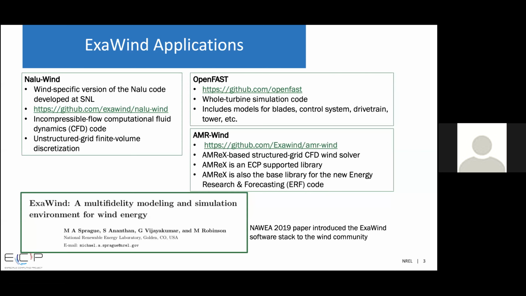So that's what OpenFast really models, is more so controlling turbines. And we just recently, within the last year, introduced AMR wind, which is going to be our more so background solver. So this is a structured grid CFD solver. It's based on AMRX, but really the main difference between naluwind and AMR wind is AMR wind is structured, and we'll show that it's significantly faster than naluwind.